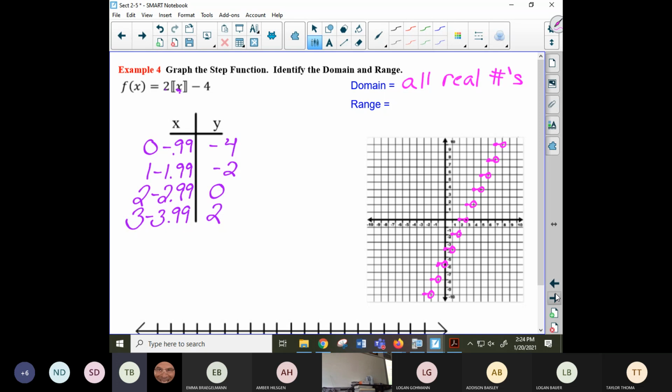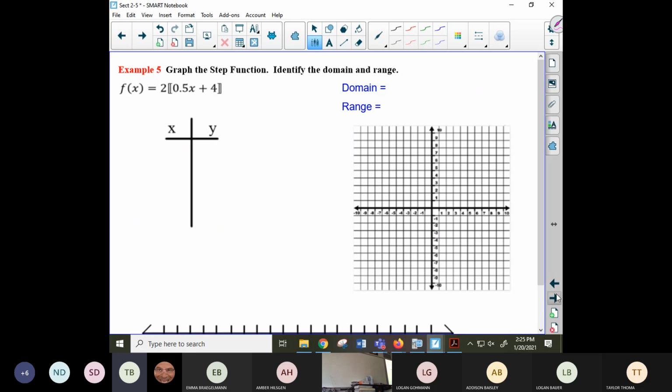Now notice we have -10, -8, -6, -4, -2, 0, 2, 4, 6, 8, 10. That's all even integers. That would be my range. If they were at the odd numbers, you would say all odd integers. If you had one at every single one, then you'd say all integers. Okay. So let's go here.